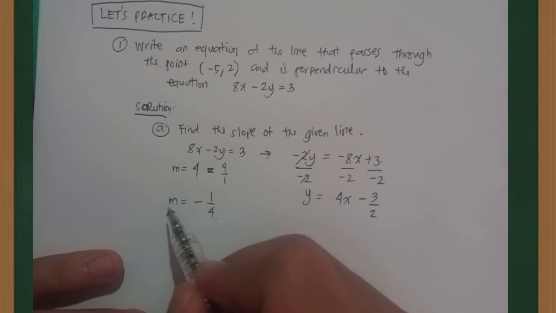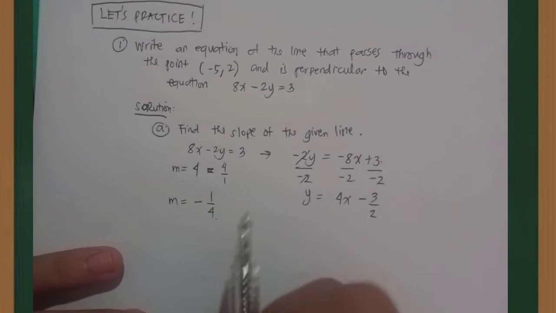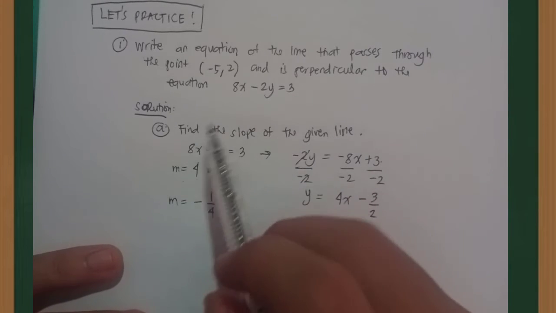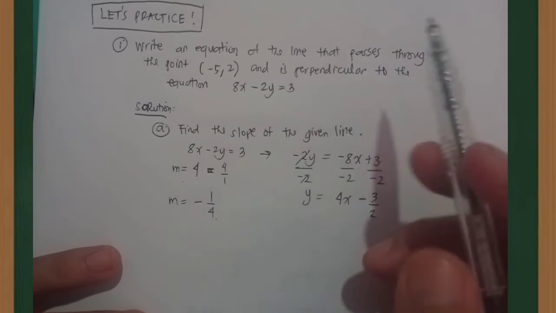So this negative reciprocal slope is what we will use to find the equation of the line which is perpendicular to this given line. This is the negative reciprocal of the slope of the original given line.